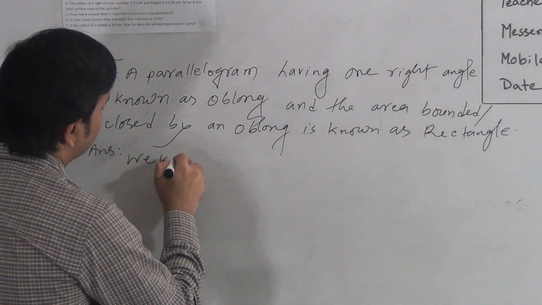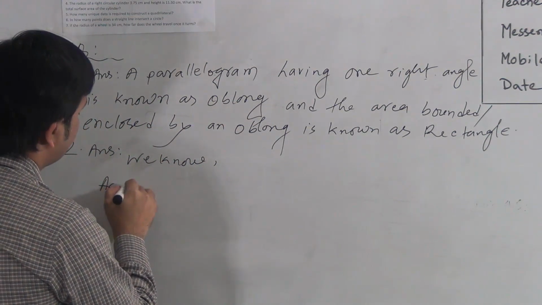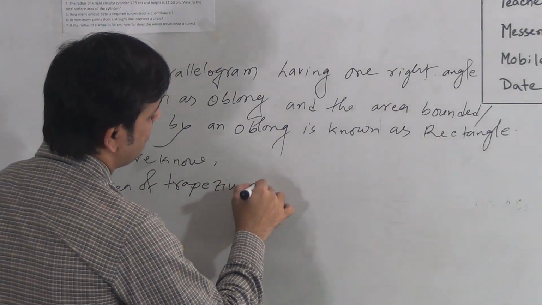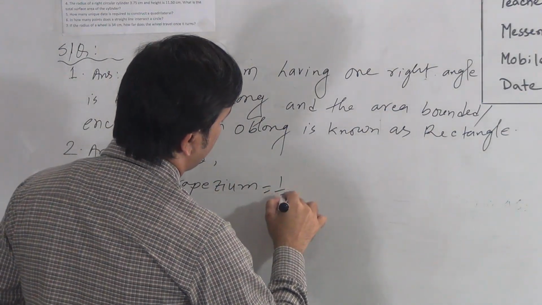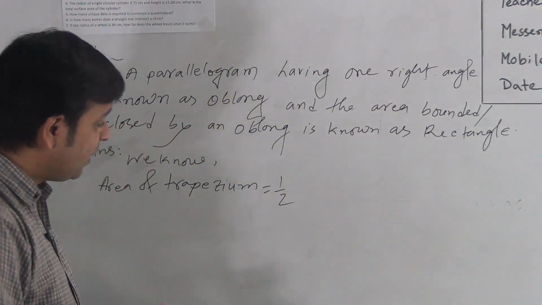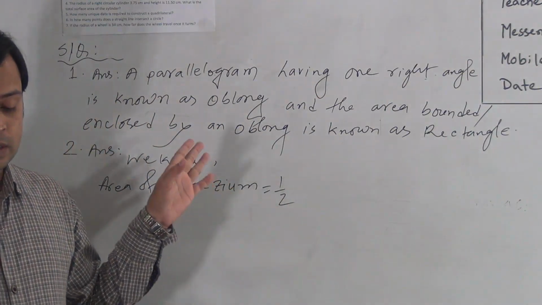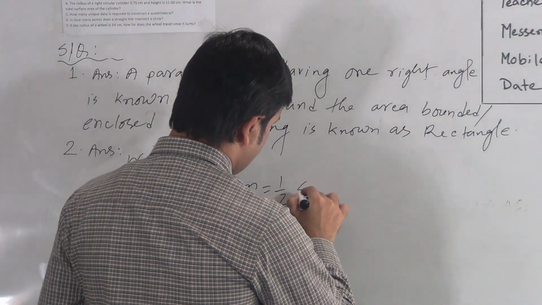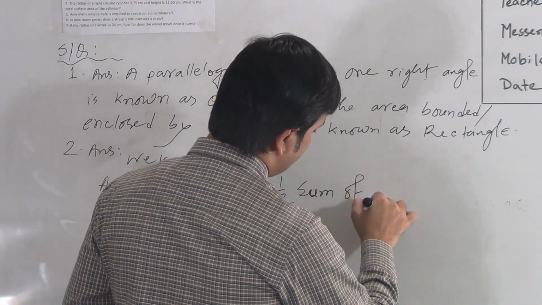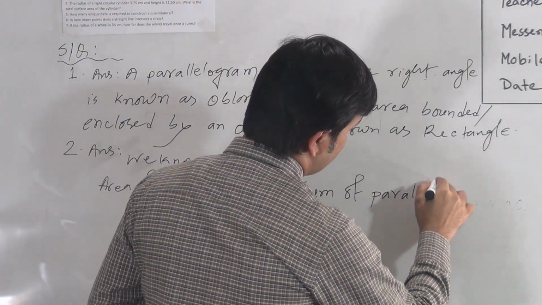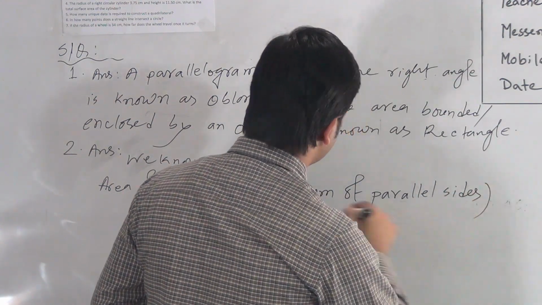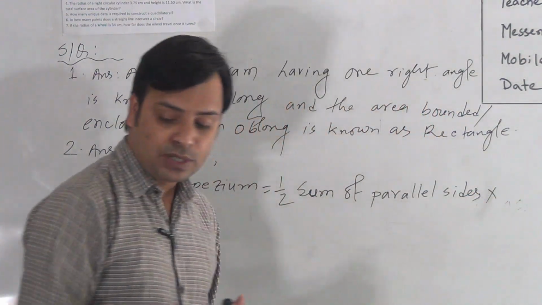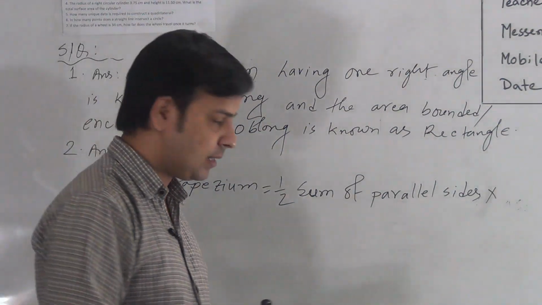We know area of trapezium is equal to half, then we have to write the sum of the two parallel sides, then multiply by the distance between parallel sides.